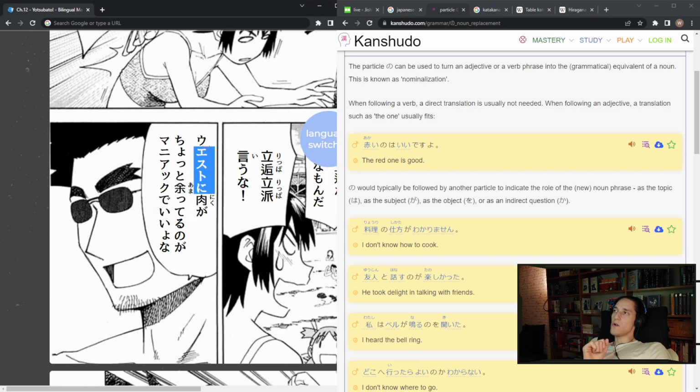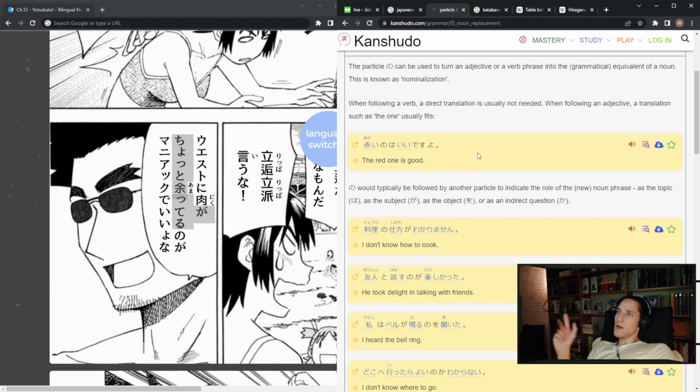This meat on the waist is not doing anything. So there's just information about it. Yeah, I have to read up on that, but some other time. Now let's focus on this. As the object or as an indirect question. Okay.